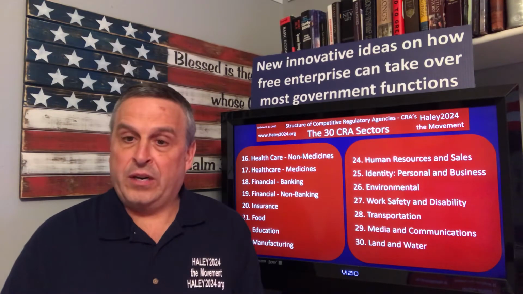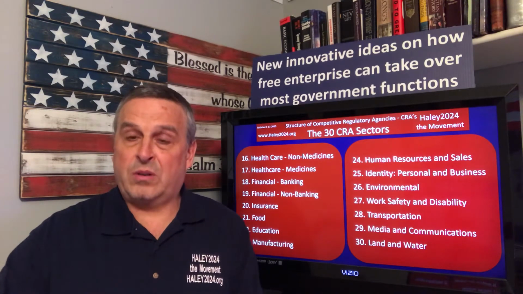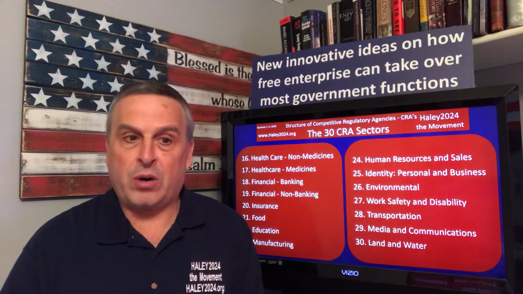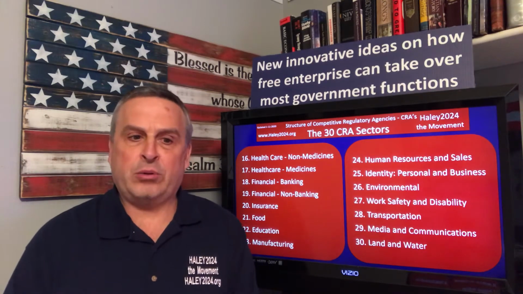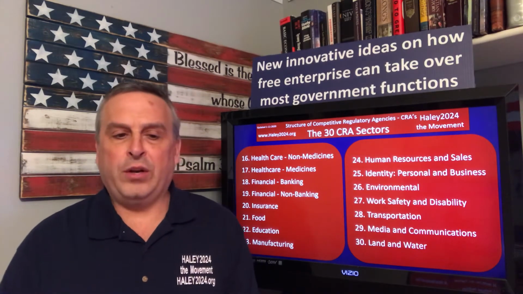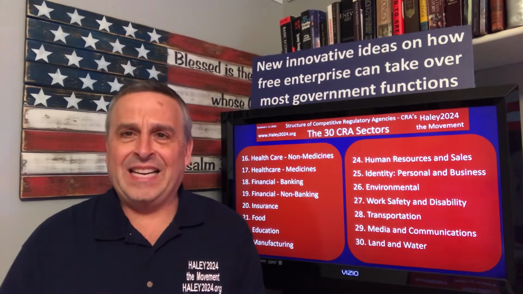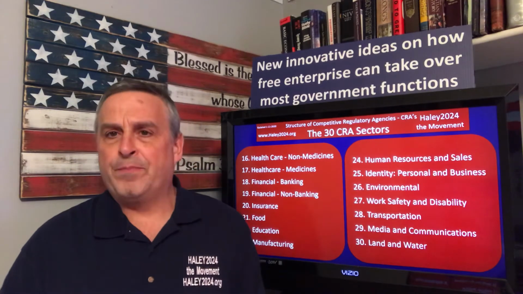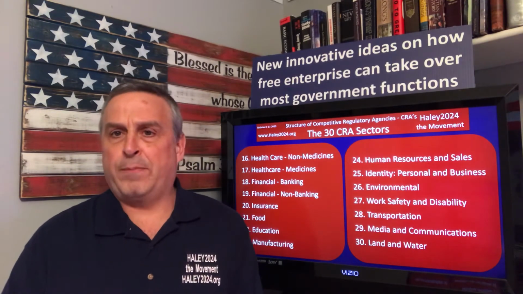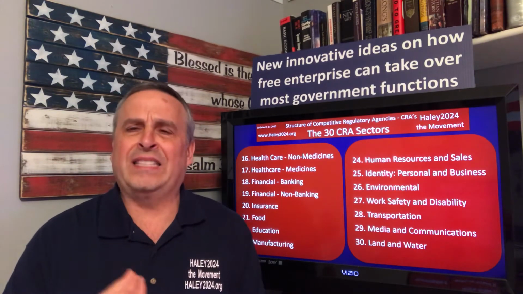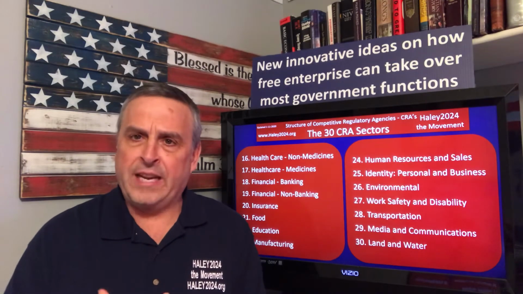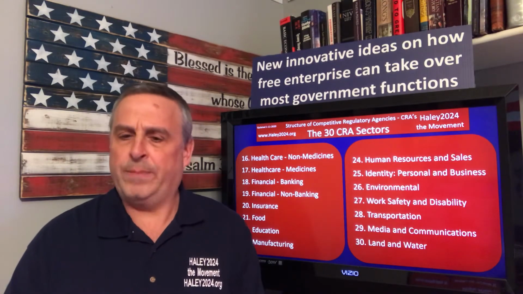We've got 15 more separations of governmental power. 2 in the healthcare, 2 in the financial industry, insurance, food, education, manufacturing, human resources, and sales. Identity is going to be a huge sector. So many things we're going to be able to put into the identity sector, and so many things that they're going to be able to do to protect people's interests. It's a huge one.